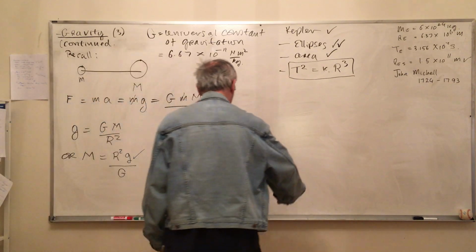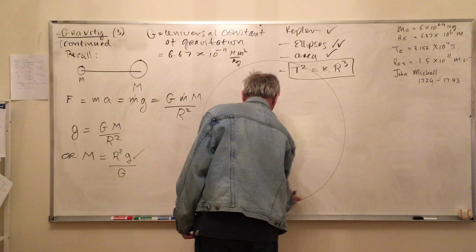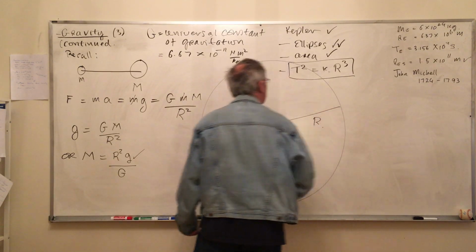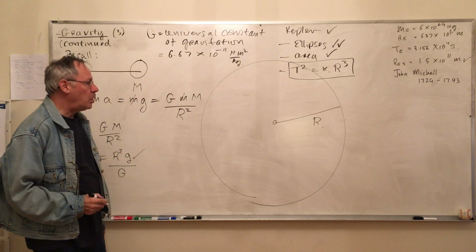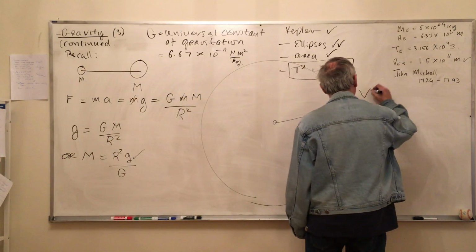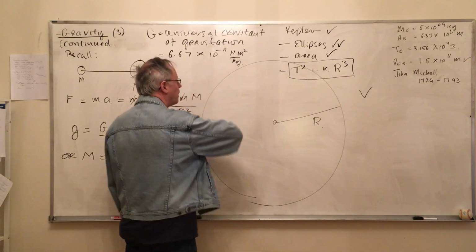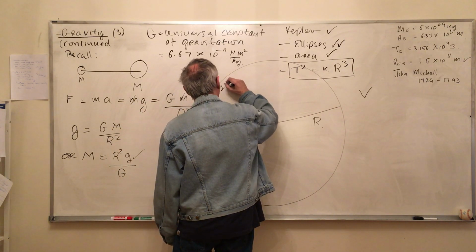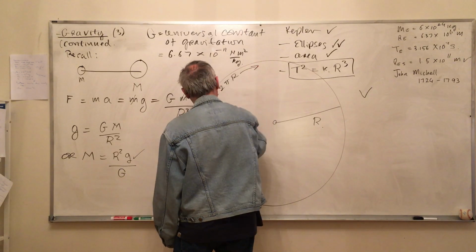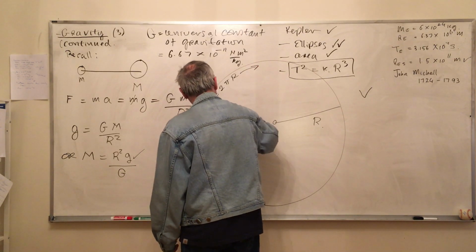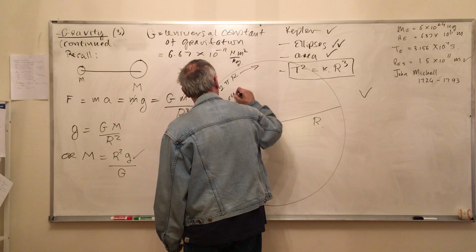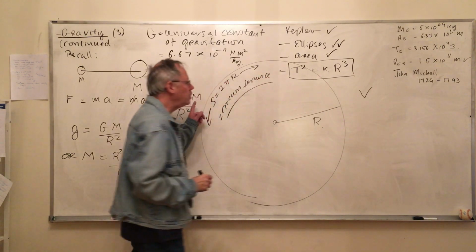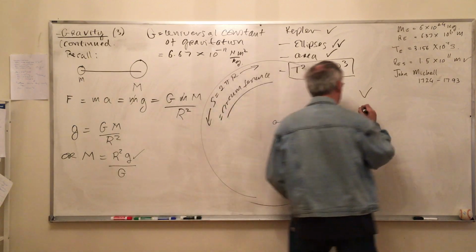Now, when we have an object in circular motion, it has a certain speed v. It covers a distance of circumference, a distance of 2 pi r.